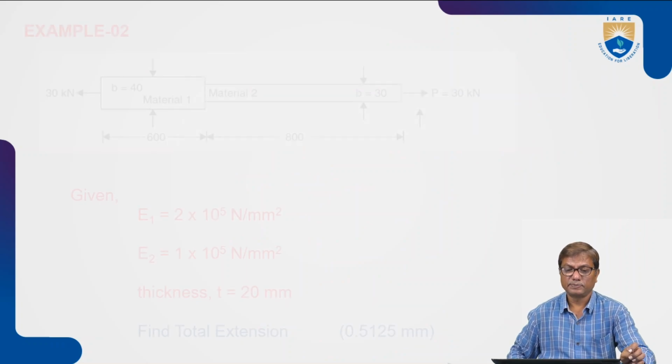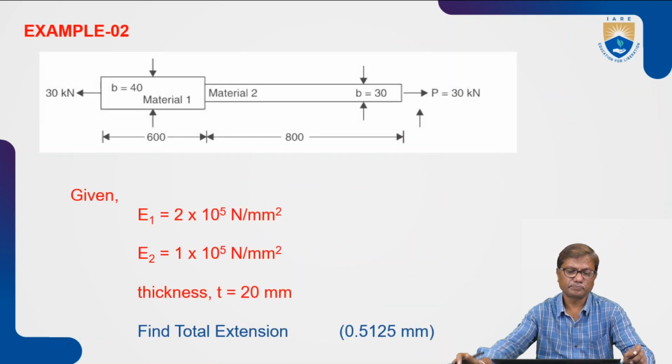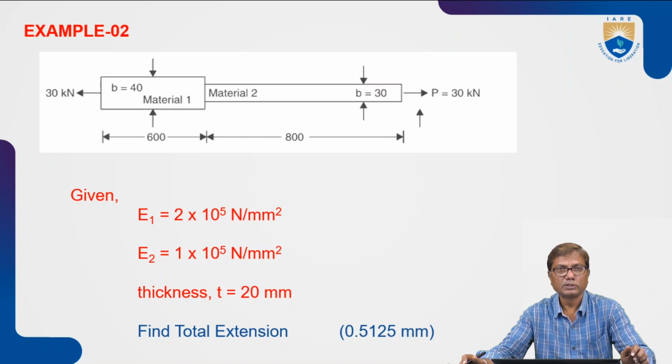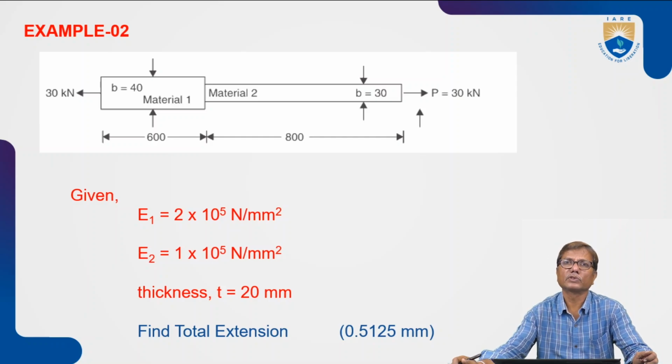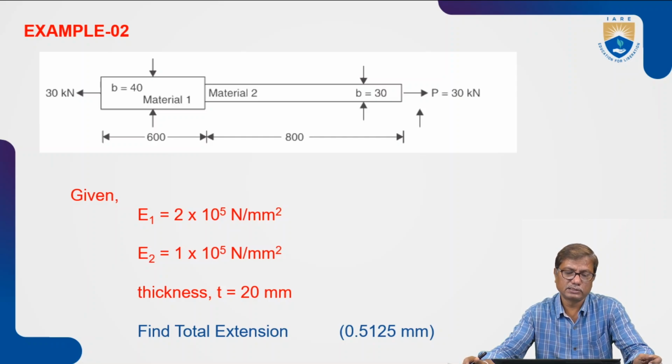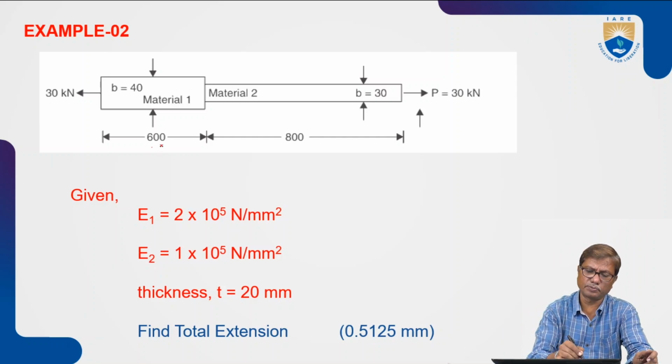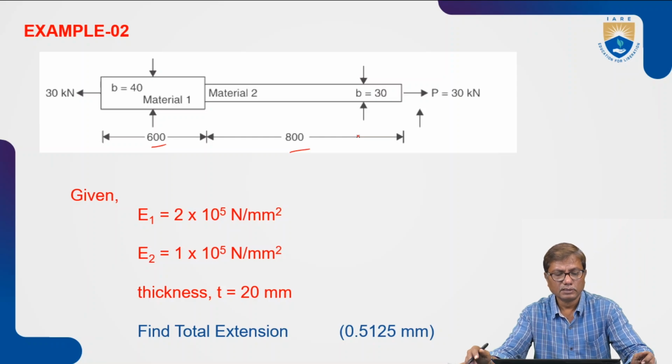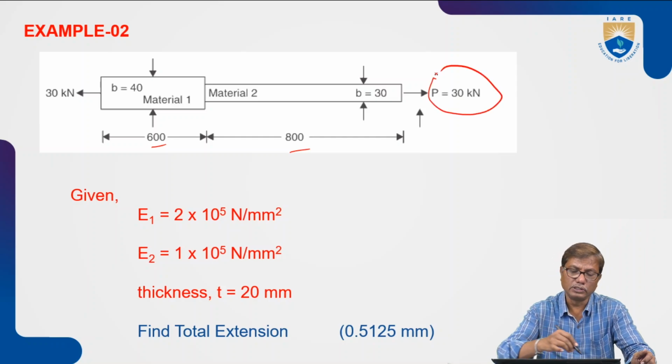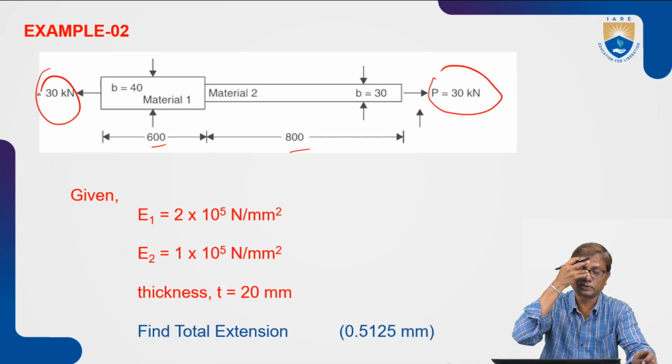Let us consider another example. So here a bar is consisting of two different materials here. The total length of the bar is 1.4 meters, 1400 mm, 600 plus 800. And the tensile force acting is same on both the members, both the portions.